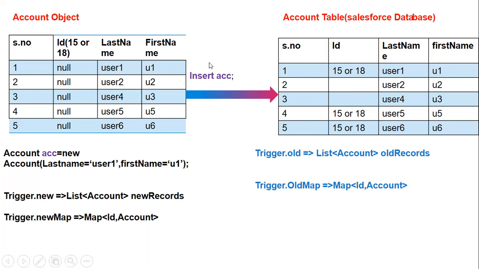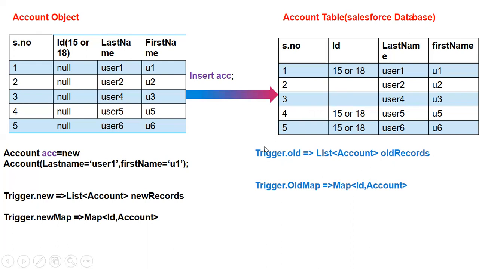After inserting some data into the Salesforce database, the ID is created. So now we have data in the Salesforce database. Before insertion of data into the database, we have two context variables, trigger.new and trigger.newMap.